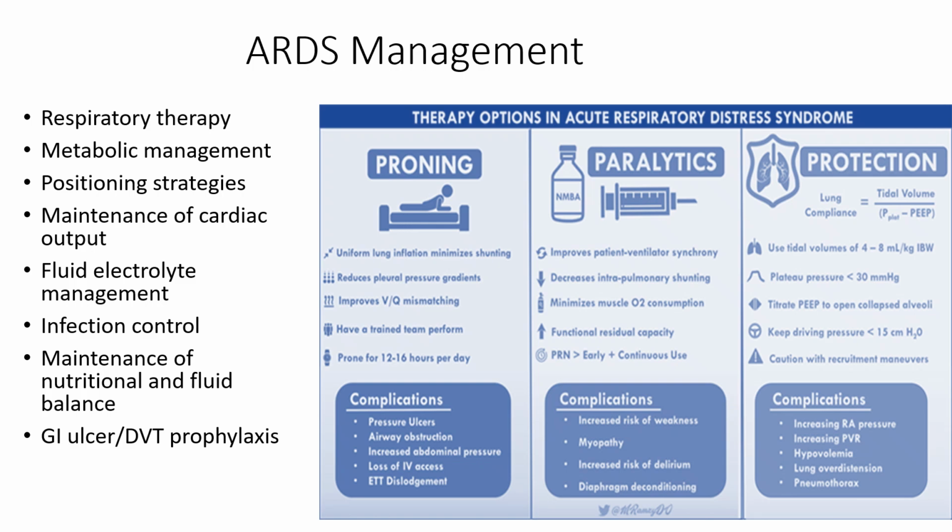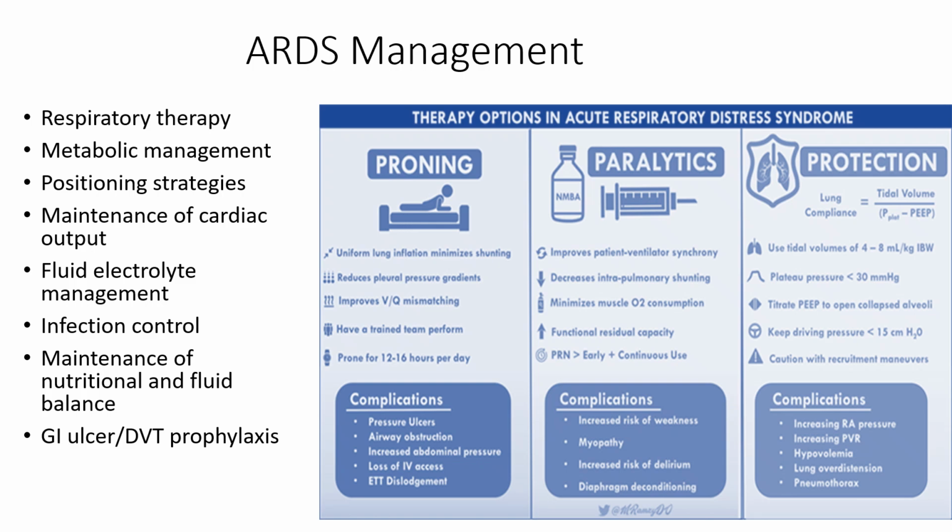It's important to note that in order to paralyze a patient, first of all, they must be on a ventilator. And second of all, you must always sedate them and ensure that they have adequate sedation before you begin the paralytic. And for protection, you want to try to use low tidal volumes to protect the lungs. These patients are also going to need supportive care to maintain their cardiac output, their renal function, their acid base.